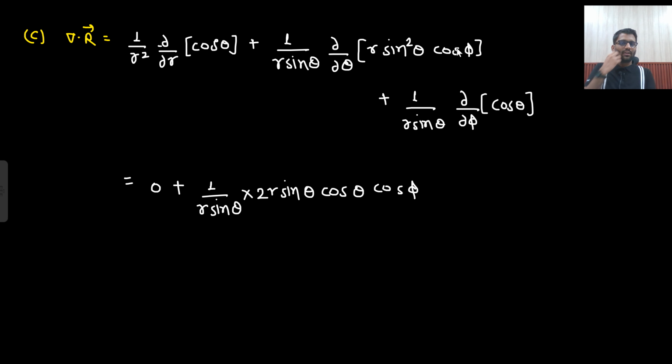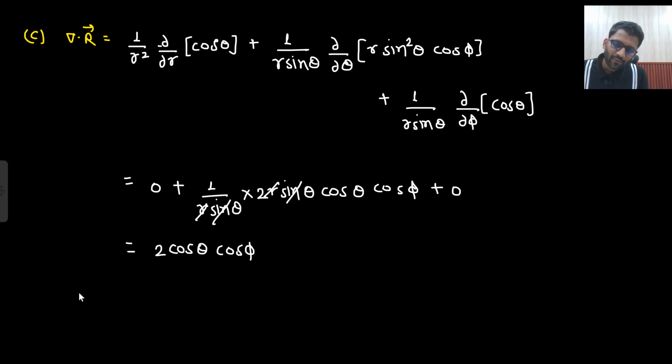Cos phi will be constant, r will be constant, sin square theta is being differentiated, so 2 sin theta cos theta. Sin theta gets cancelled, r and r get cancelled, so 2 cos theta cos phi you are getting. Plus this will also give you 0 because cos theta is being differentiated with respect to phi. So what is the answer we are getting? 2 cos theta cos phi. And at what point do you need to calculate?